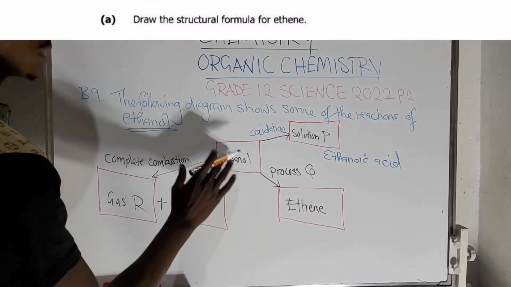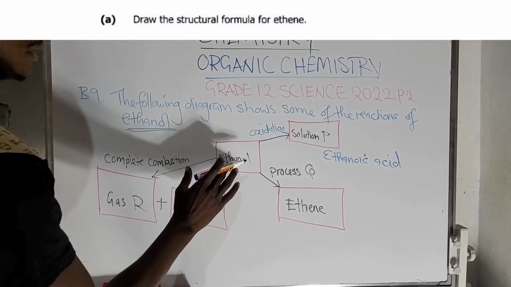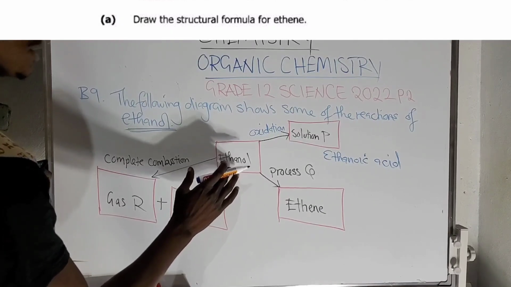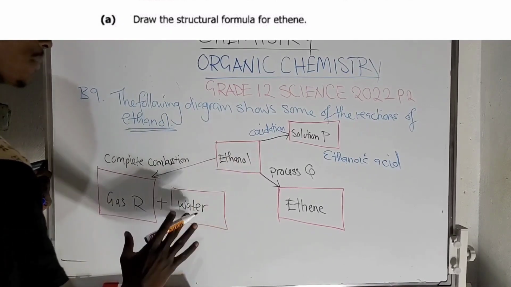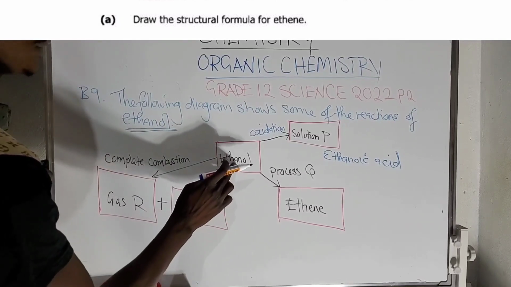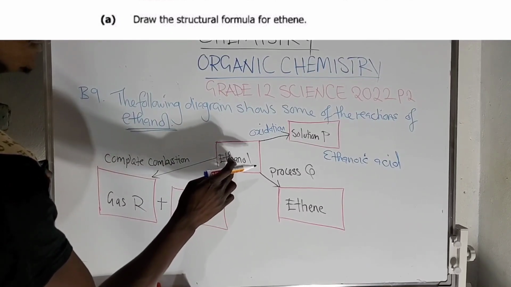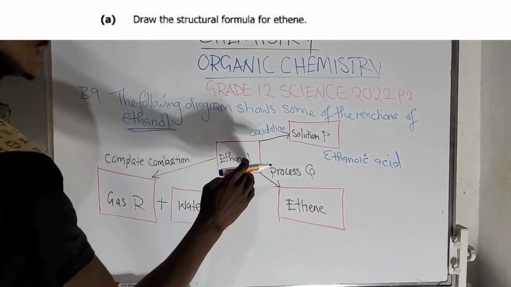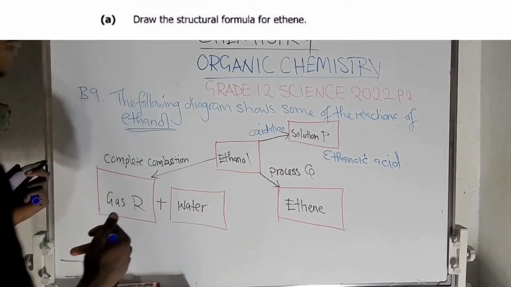So during fermentation of ethanol, oxygen should not be allowed in the reaction chamber. Why? Because when oxygen is allowed, ethanol immediately turns to ethanoic acid. All right, turns to ethanoic acid.